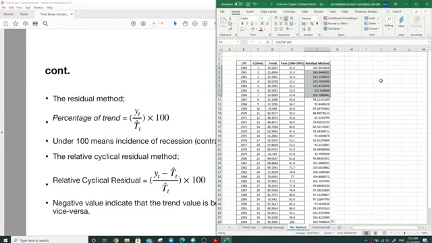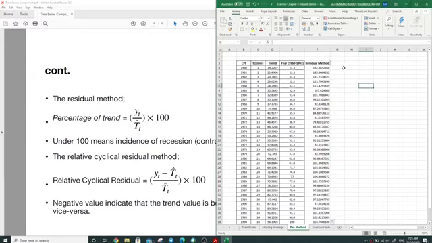For this time period, there is an expansion period. Below 100, as an example here, it is an incident of recession and so on. But again, we need to investigate what happened in this particular period.